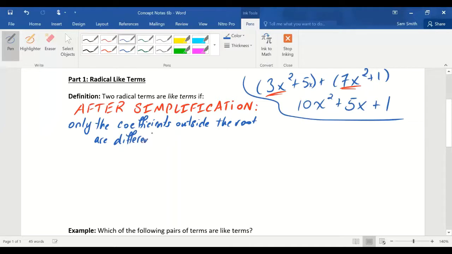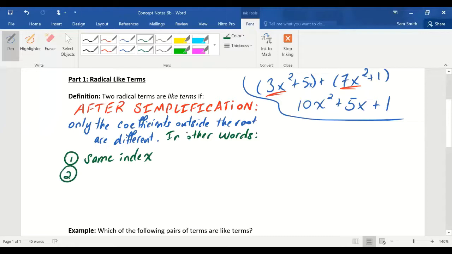Everything else must be the same. So in other words, these two roots, after being simplified, have exactly the same index.